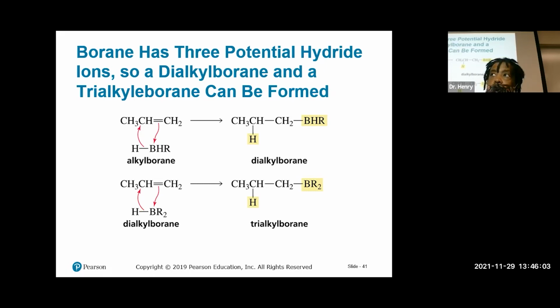Okay, so in this case, we have, as I say, 3 potential hydride ions. So the double bond goes here. The hydride is going to attach here, and that makes sense, right? So that means the borane is going to attach here.